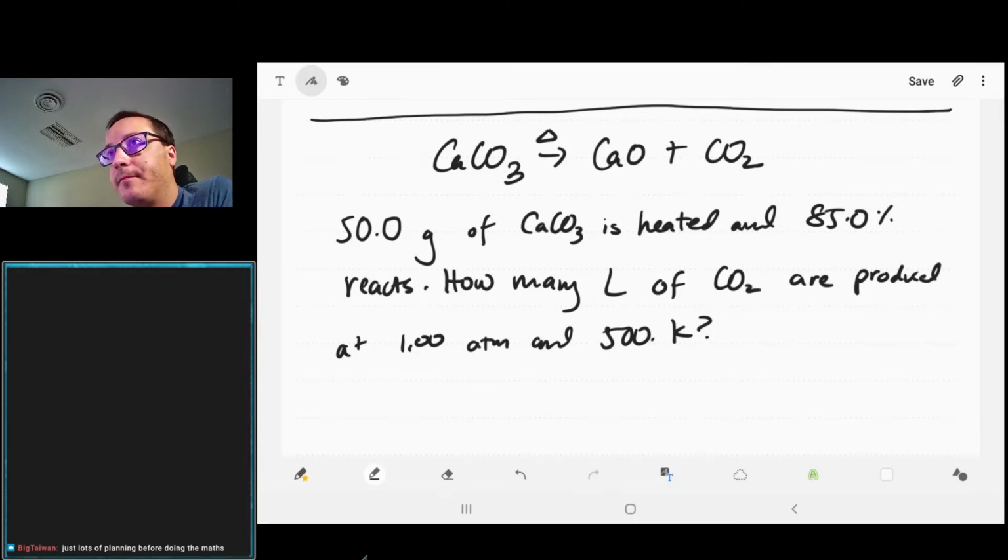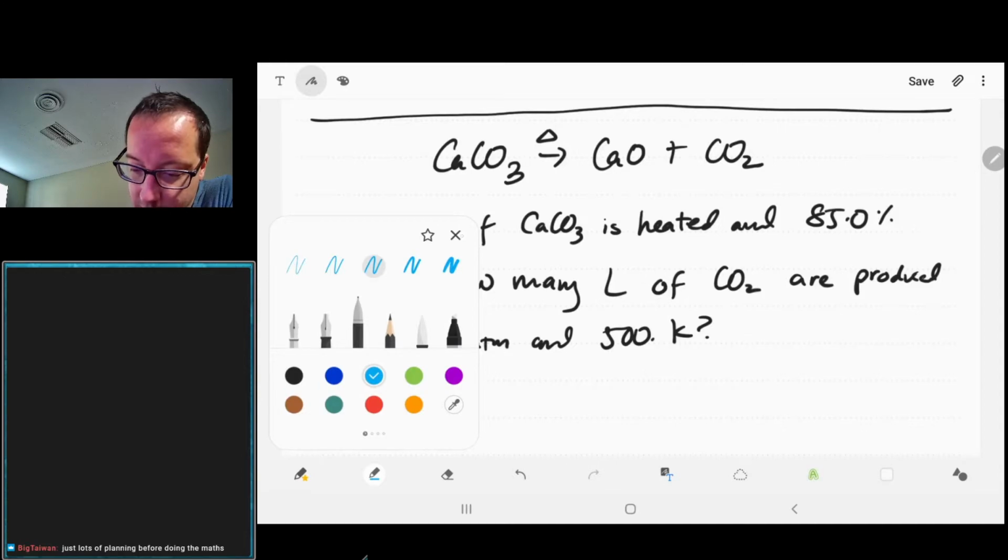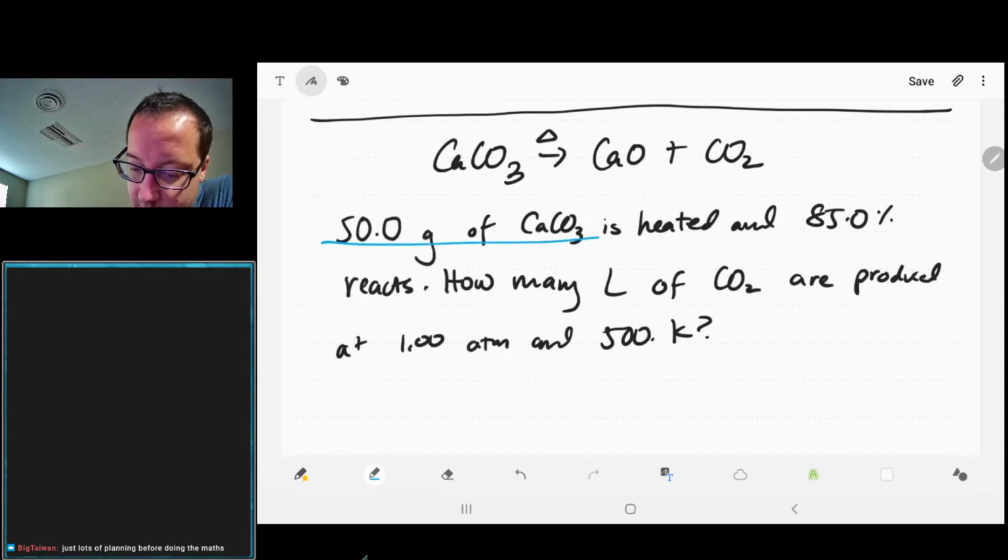So we have here our starting material, our reactant information. We have here a percent yield that we're given, and we're asked for the liters of carbon dioxide that are going to come out. We've given some other gas quantities there.